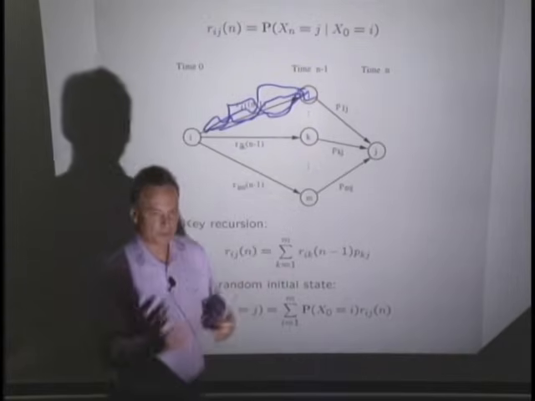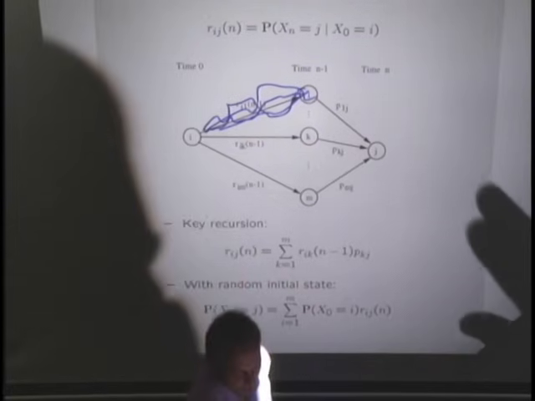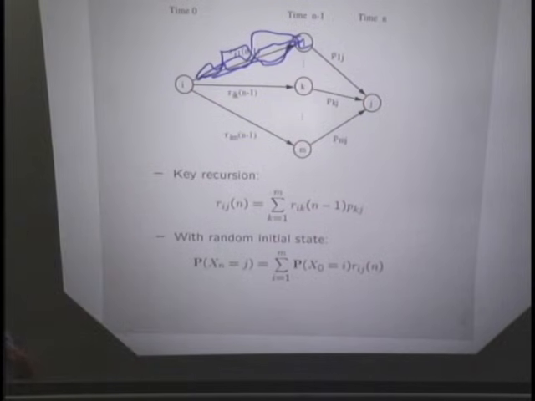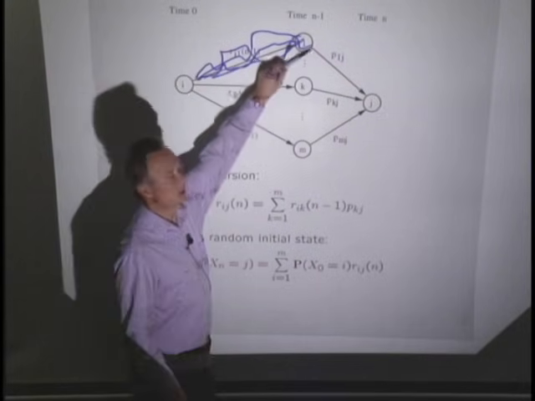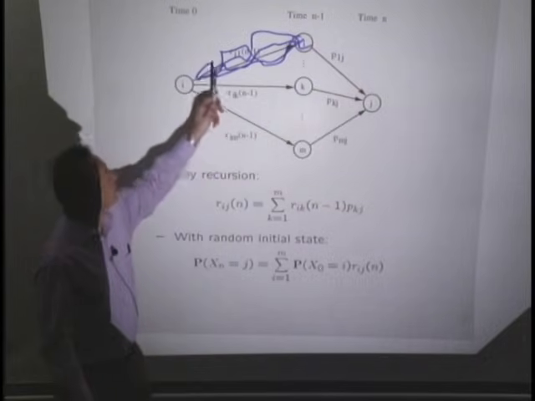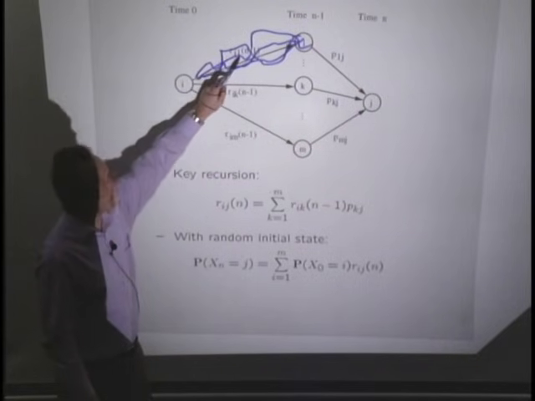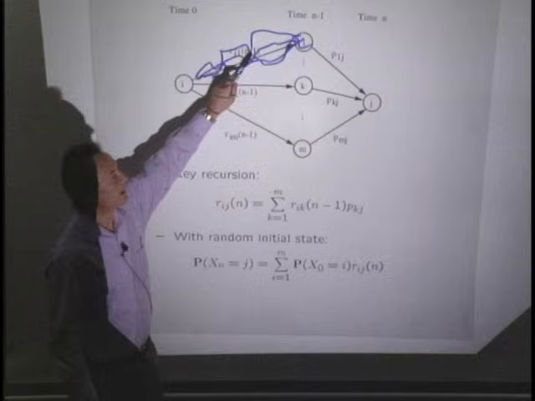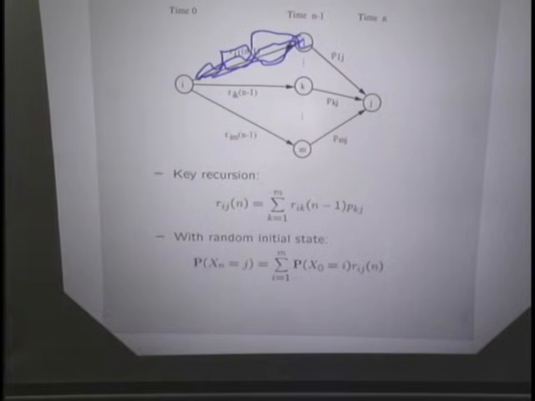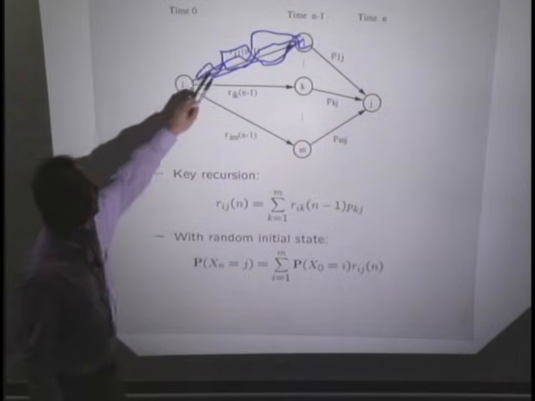So the total probability of ending up at state j is the sum of the probabilities of the different scenarios, of the different ways that you can get to state j. If we look at that type of scenario, what's the probability of that scenario happening? With probability r_i1(n-1), I find myself at state 1 at time n-1. This is just by the definition of these multi-step transition probabilities.